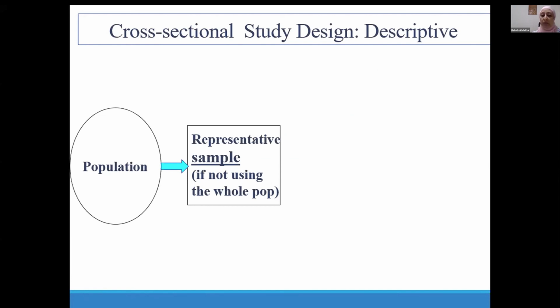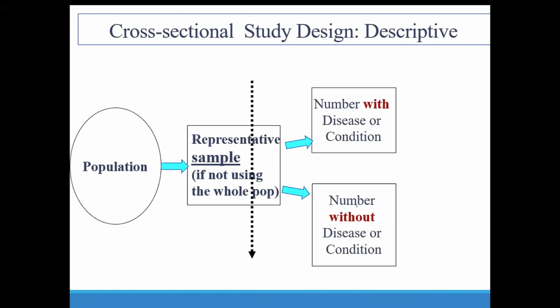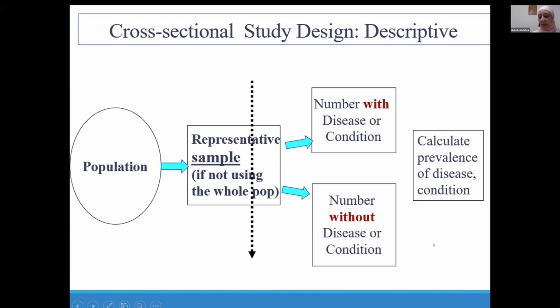So we usually use a representative sample. Using this representative sample from my population, I identify those with the disease or the condition, and without the disease and the condition, and then I can calculate the prevalence of the disease or the condition in this representative sample.